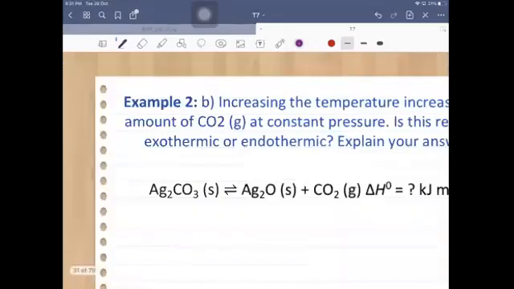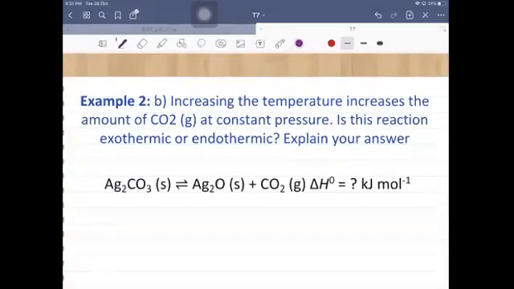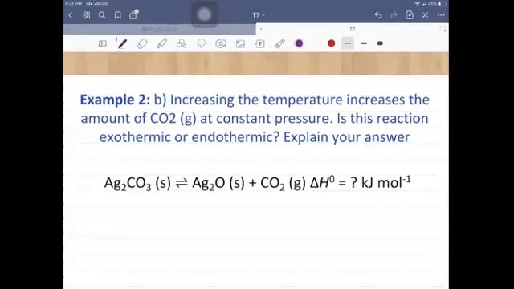The next question, increasing the temperature increases the amount of CO2 at constant pressure. Is this reaction exothermic or endothermic? Explain your answer. So now we're going to do the reverse. Okay, they tell us the effect of increasing the temperature, but we don't know what our enthalpy change is. Okay, we can work it out.